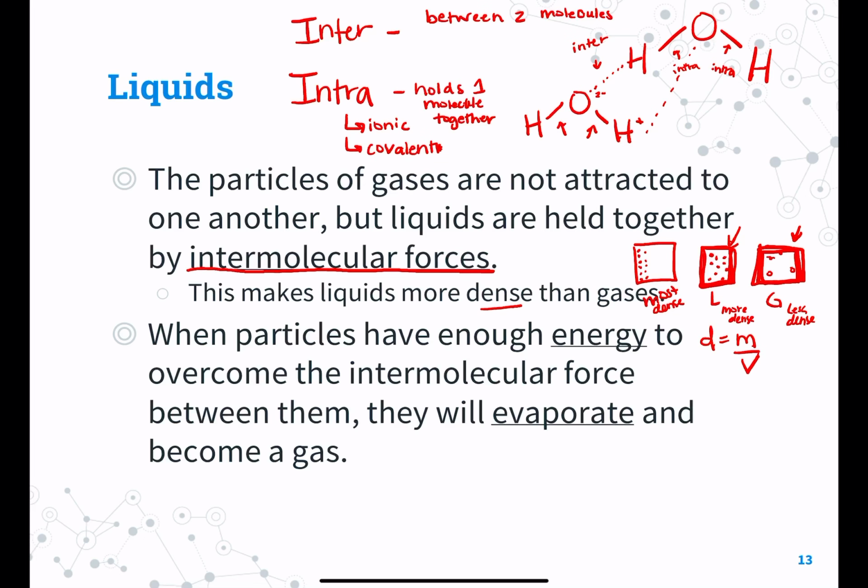So when particles of a liquid have enough energy to overcome the intermolecular forces between them, then they will evaporate. So when they are able to spread out enough to be able to break down this force, then that will cause them to essentially evaporate, okay, and change into that gas stage. All right.